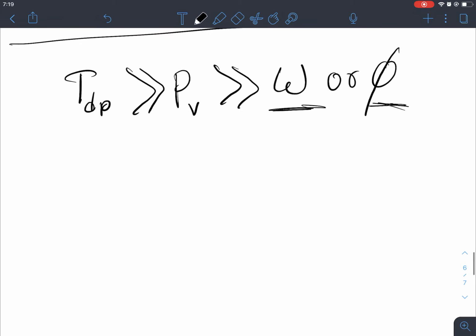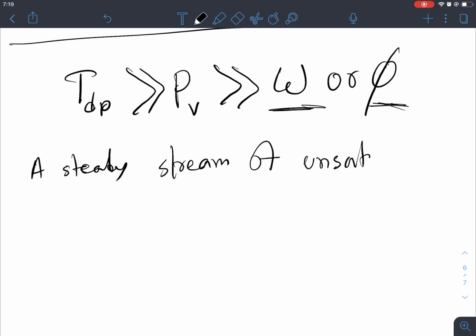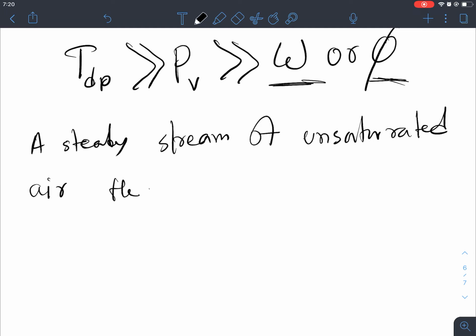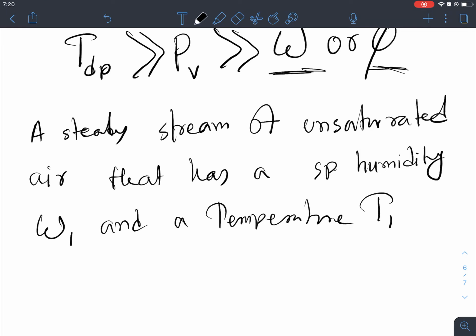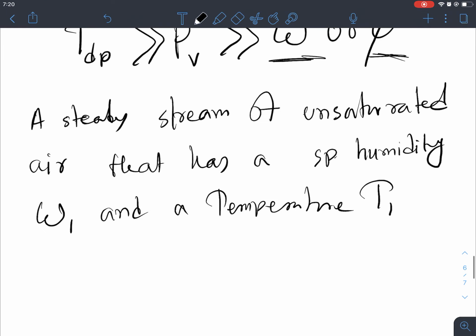Let's consider a steady stream of unsaturated air that has specific humidity omega 1 and temperature T1, which is passed through this channel.